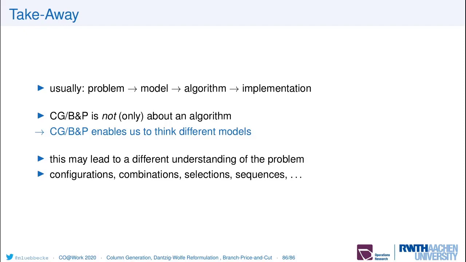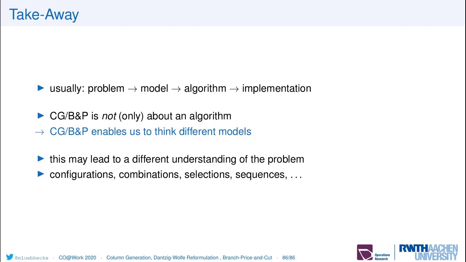But what the branch and price and column generation world additionally gives us is that we dare to model in different variables we maybe wouldn't have tried before. All these configurations, the combinations, the subsets, the selections, the sequences we have seen. For example, for the problems we've seen, we model in paths, not only in arcs.